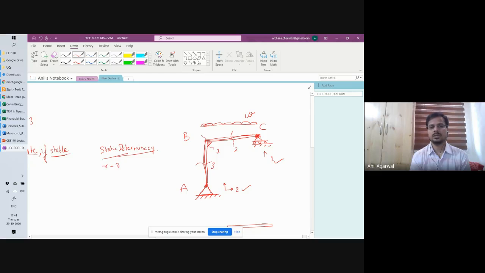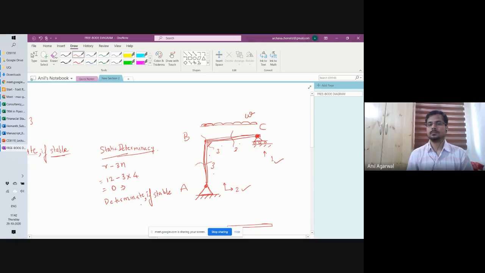So R minus 3n will be 12 minus 3 times how many parts have I got? 1, 2, 3, 4. 4 parts. Again, 0. So what does that mean? It is a determinate structure if stable.